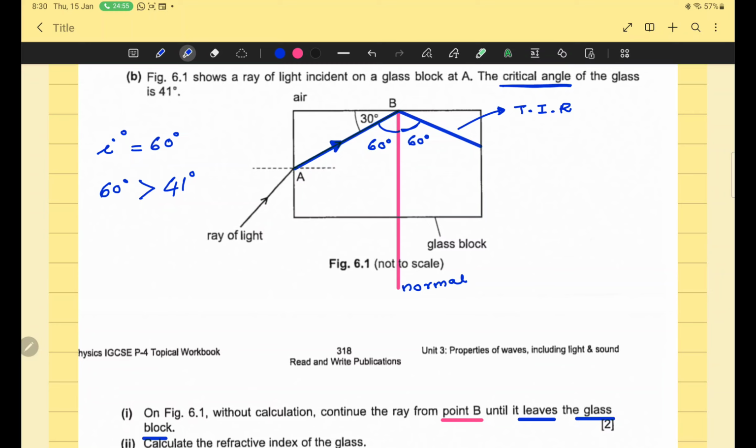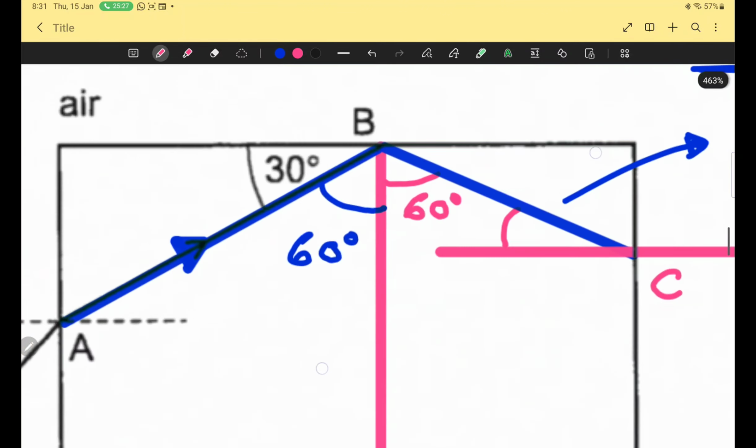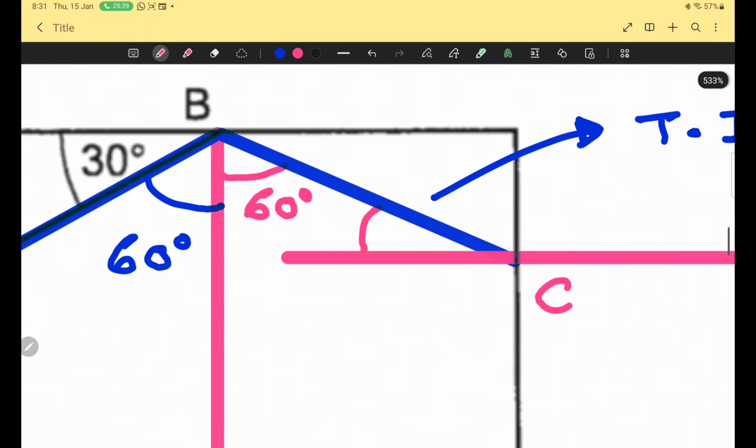So beta Faria, if I draw a normal here, consider this point is C. What is this angle at point C? What will be the angle at C?